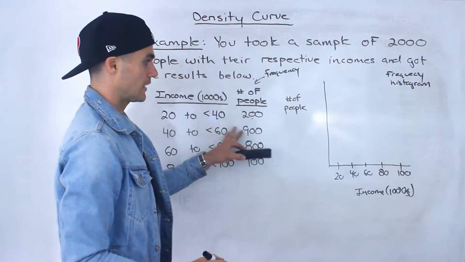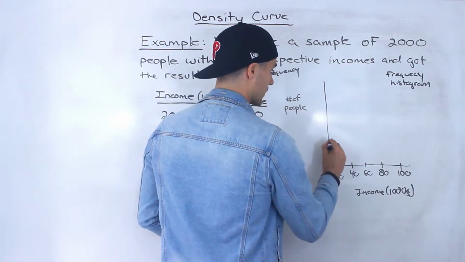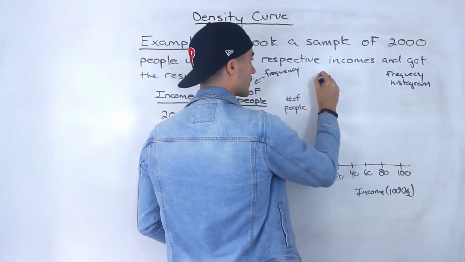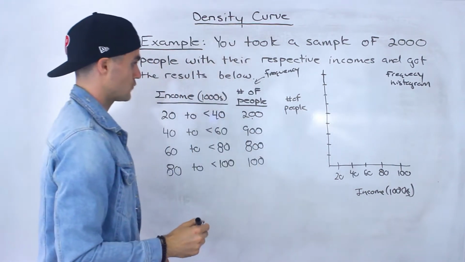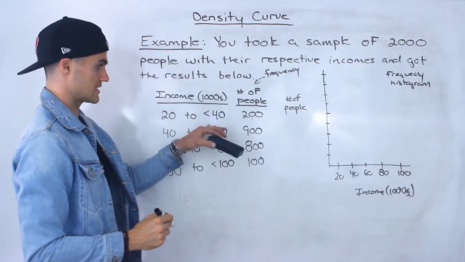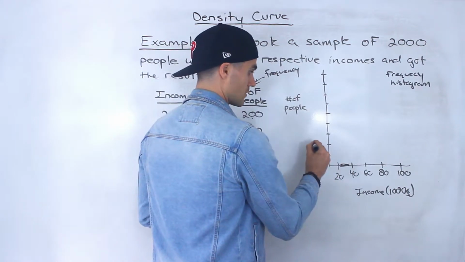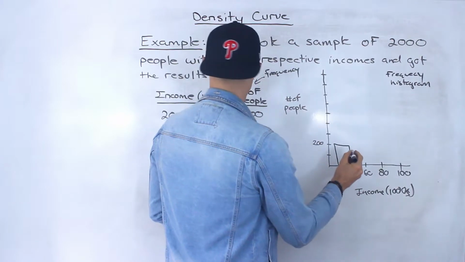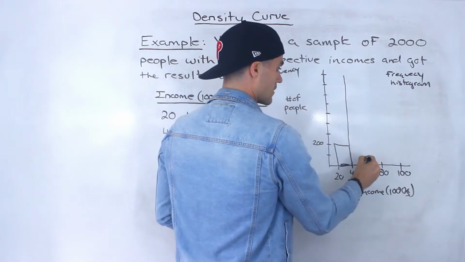It's going up to 900, so let's go up by 100. So we'll have 100, 200, 300, 400, 500, 600, 700, 800, and then we'll have 900 up there. And so if we make a histogram, this interval, 200, which is this interval here, so this would be 200, like that. 40 to 60 is 900 people, so that's going to go all the way up there.